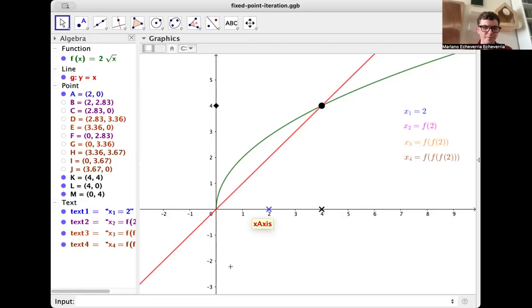So you start with a point where the function is a contraction. I choose a random point like 2. So I choose an x value which is 2, and that's the first point in the sequence, x1 equals 2.